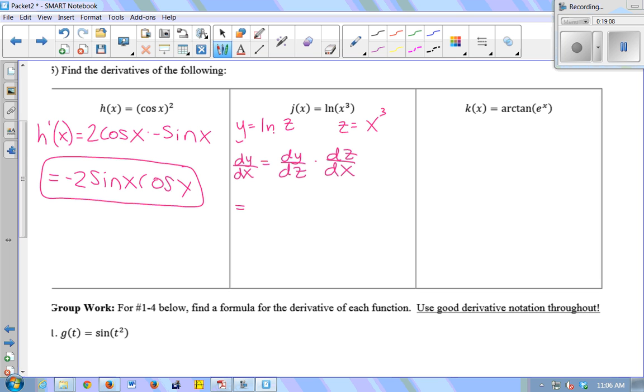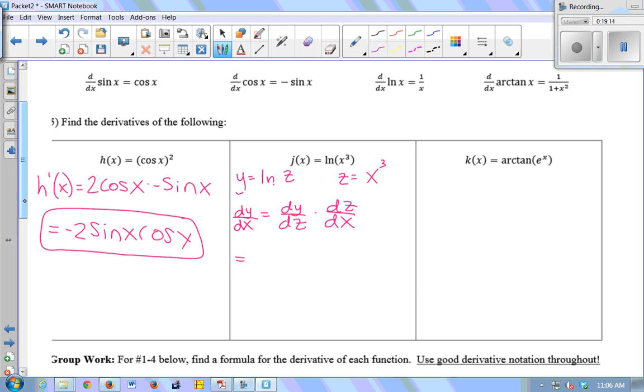All right, so dy dz, take a look at the y equals ln z function. What is dy dz? According to the rule that I put up above the questions, 1 over z, yeah. The derivative of ln x is 1 over x, so the derivative of ln z should be 1 over z. Times dz dx, what's the derivative of z here? 3x squared.